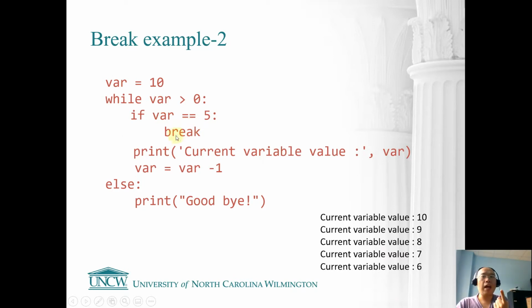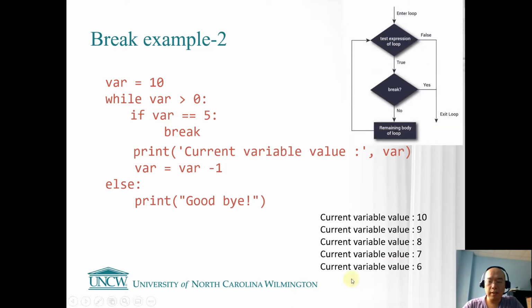When we have this break, we stop the entire iteration, including the else part. So we jump out of the while loop, and we also skip the else part. That's the reason we say we are going to stop here, and if the break is triggered, we just exit the entire loop.